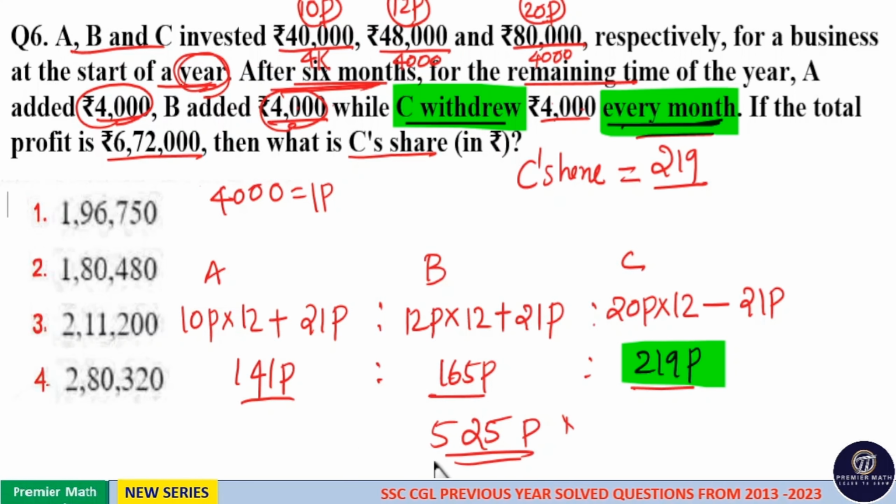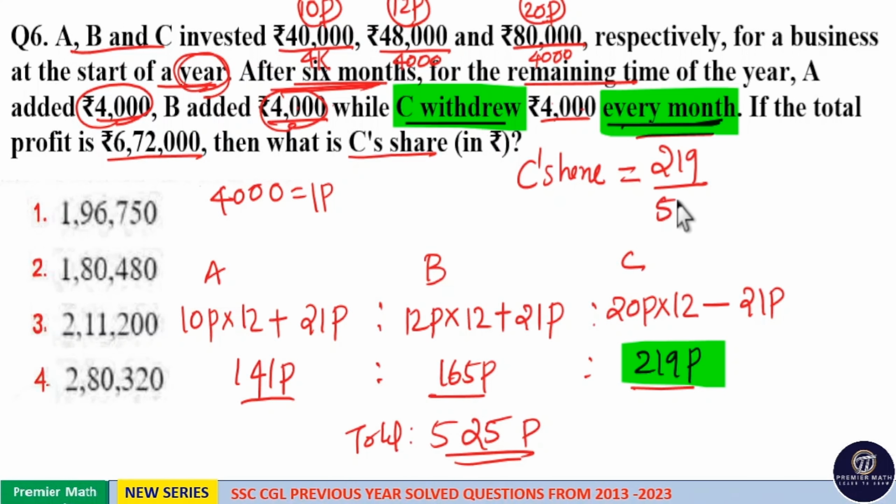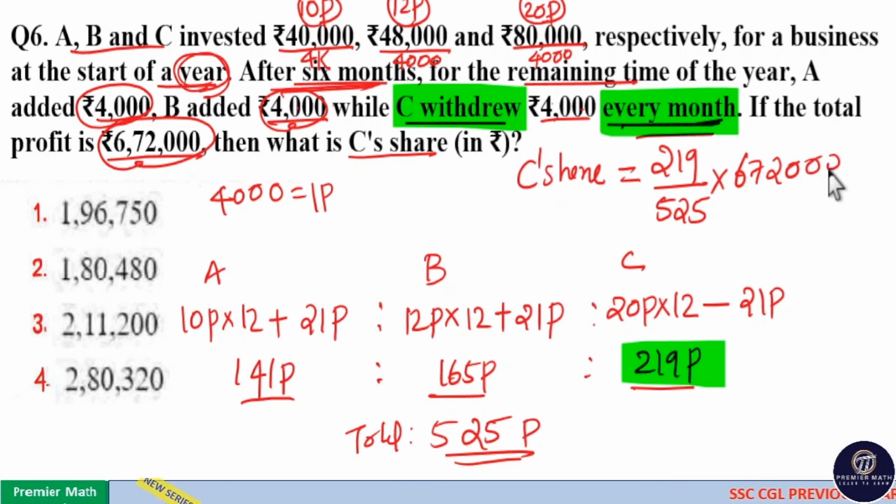Total 525 part. So 219 by 525 into profit is equal to 6,72,000.